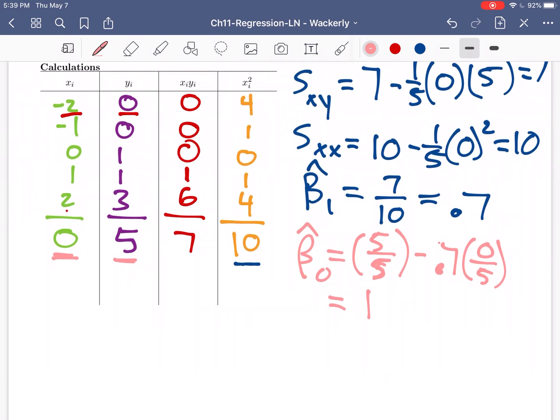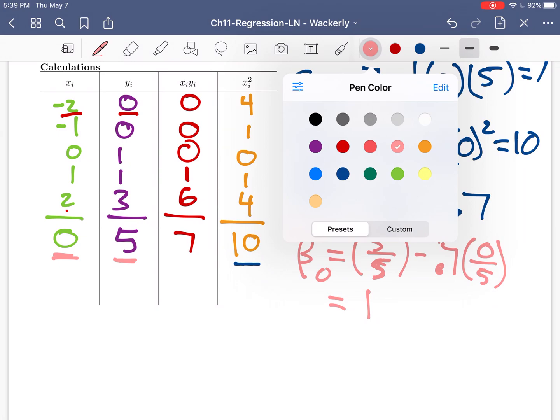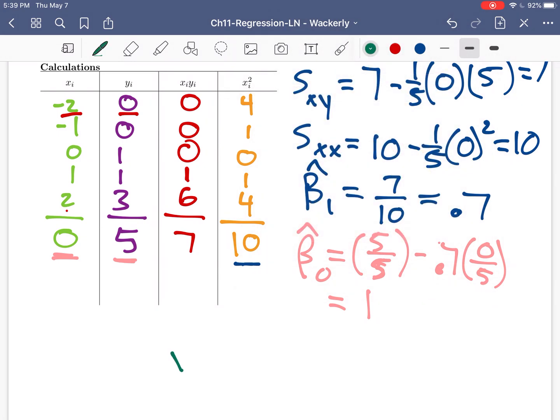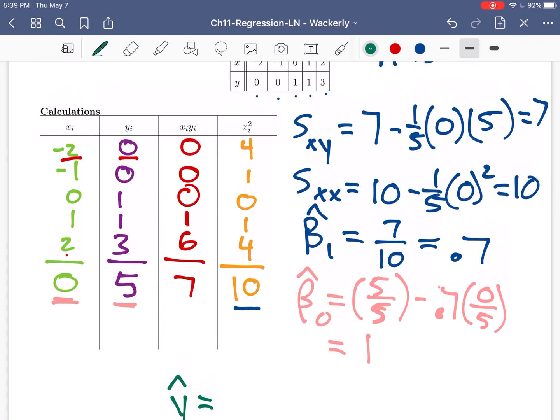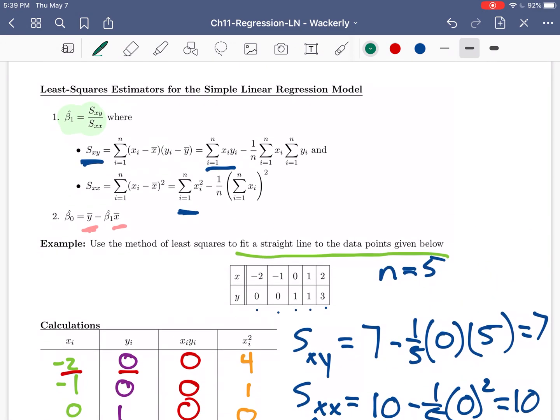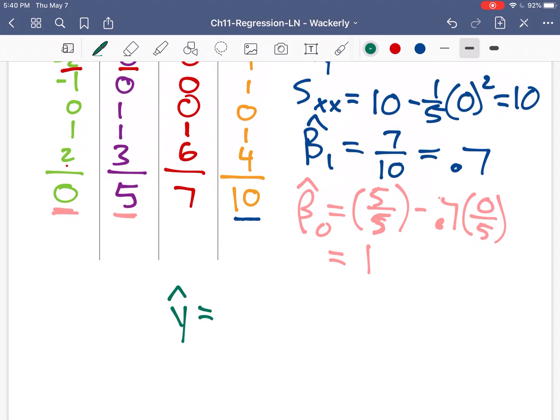And so finally we can say our regression equation y hat is beta naught, which is that 1, plus beta 1 times x, plus 0.7x.